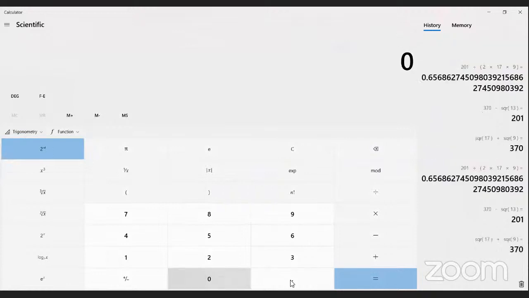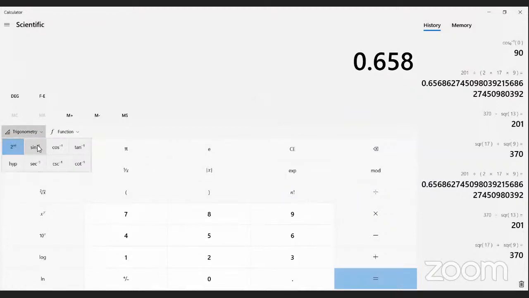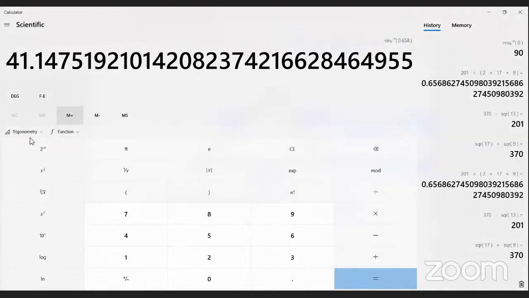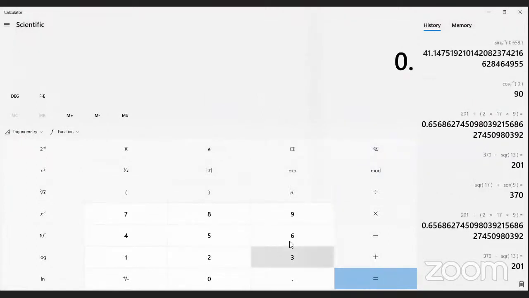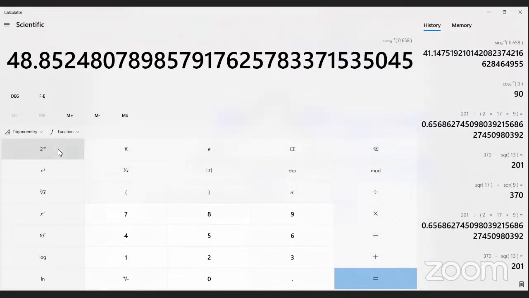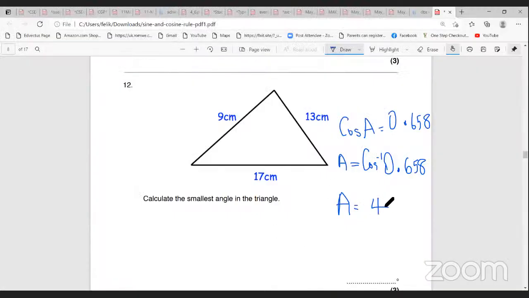Second, cos inverse 0.658, not sine, it should have been cos. 48.8549, so we put it at 48.9 degrees. That's angle A.